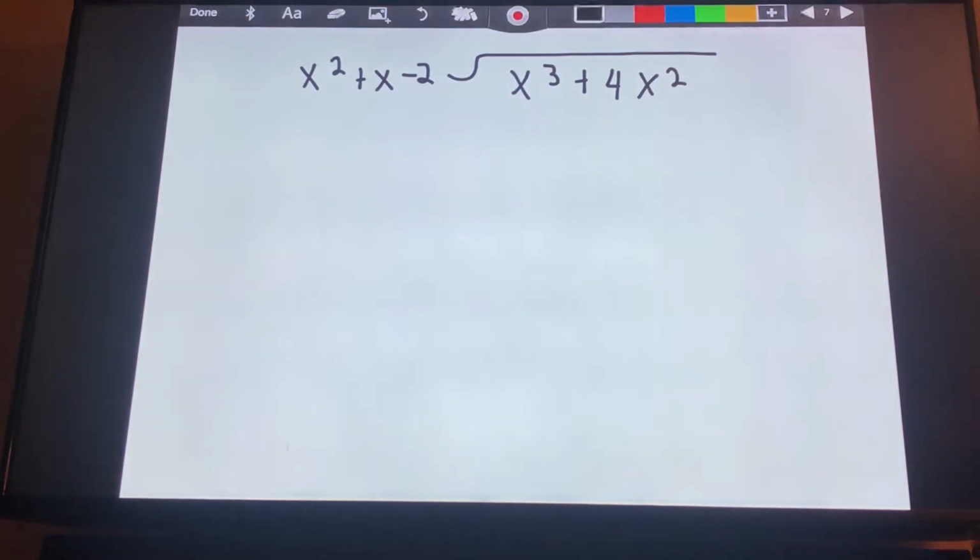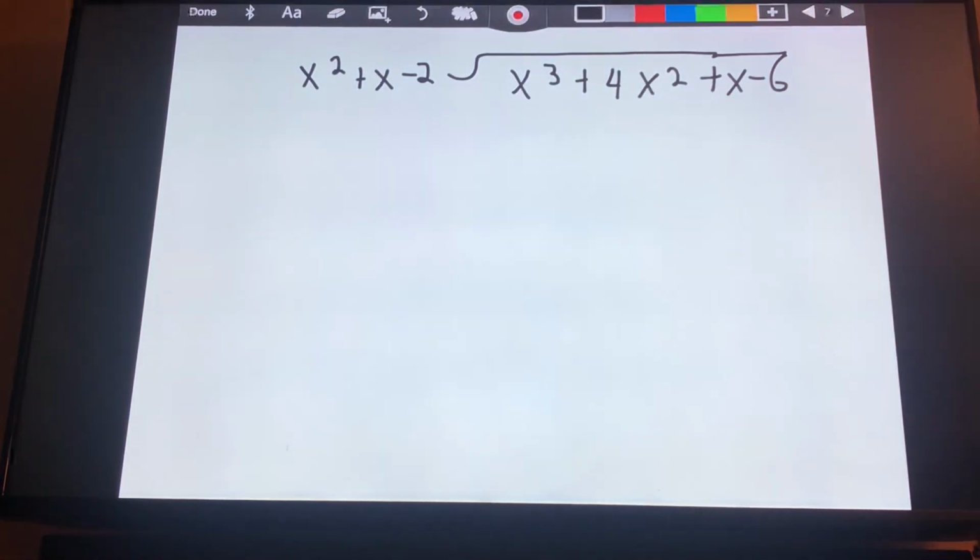Basically, we're trying to get the top and the bottom to come out to 0 to see if the zeros indicate that this can be a factor of the dividend.